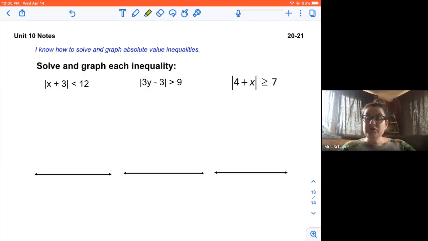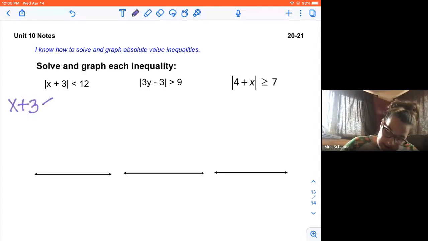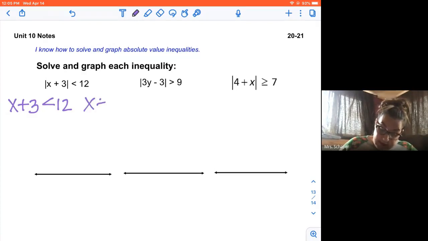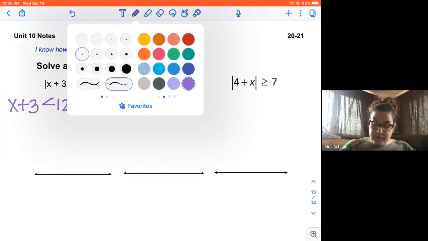Now we're going to write two inequalities. Twofer, it's a deal. Teachers like deals. You're going to do two inequalities in one problem. So we're going to say that x plus 3 is less than 12. That's the first one, so we're rewriting it without the absolute value symbols. And the second one is that x plus 3 is, now watch this, we are flipping the sign.